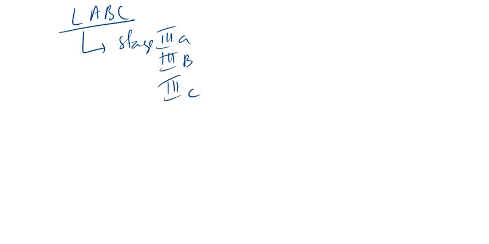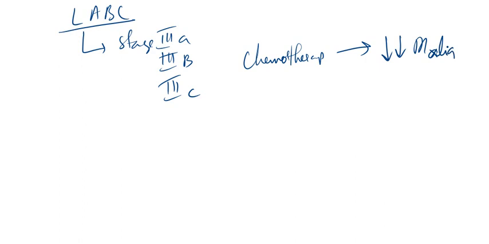Here, before surgery chemo is given, that is neoadjuvant chemotherapy is done before surgery. Why? In order to downstage the malignancy. So we will give neoadjuvant chemotherapy. Now after downstaging the malignancy, we do MRM, modified radical mastectomy, right?